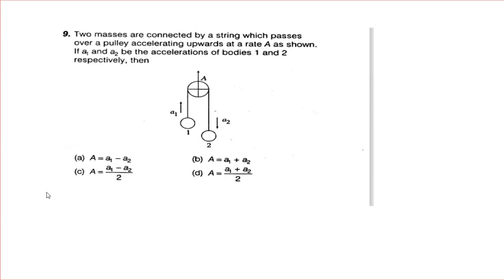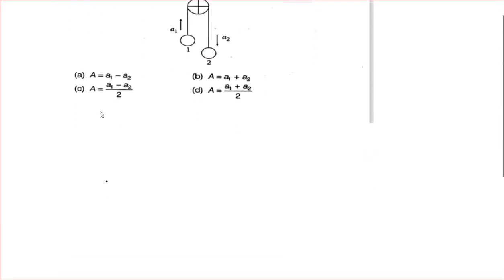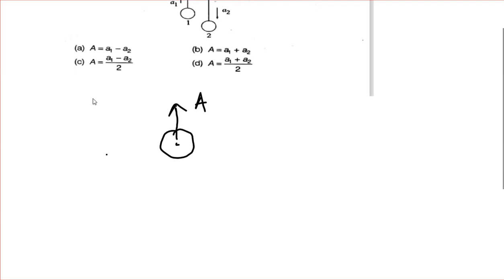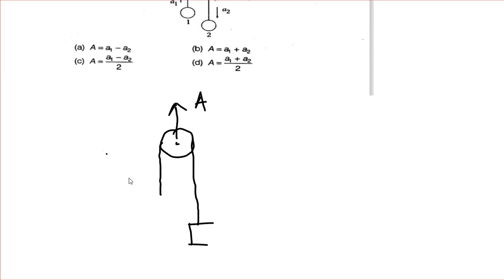So at first, if we rewrite this image, this is a pulley, and the pulley moves in the upward direction with the acceleration a. And this is body number 1 and body number 2.